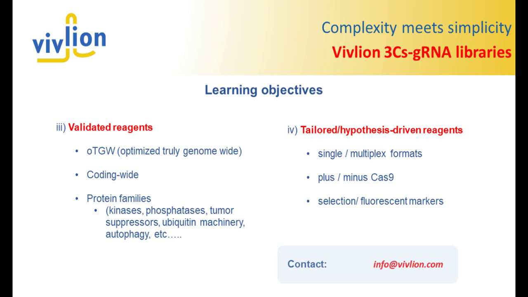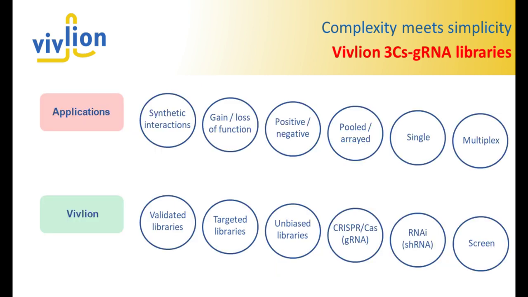So now, of course, we can make these reagents, and some people will ask, okay, what is it good for? This is why I would also like to share with you some applications for these single and multiplex reagents. Synthetic interactions can be identified, and this means either gain or loss of function.